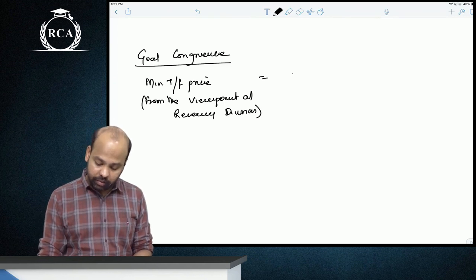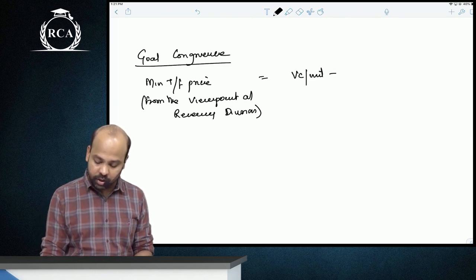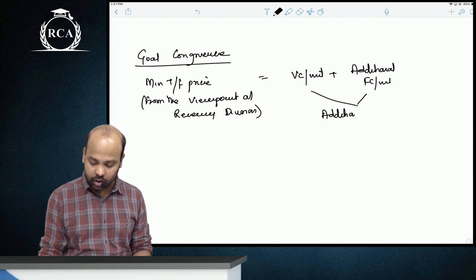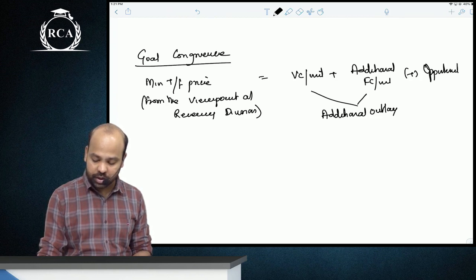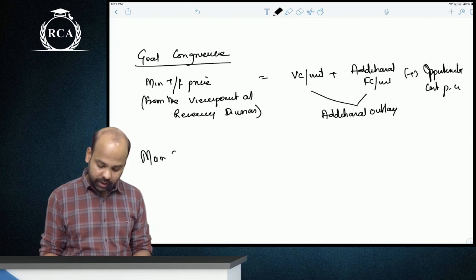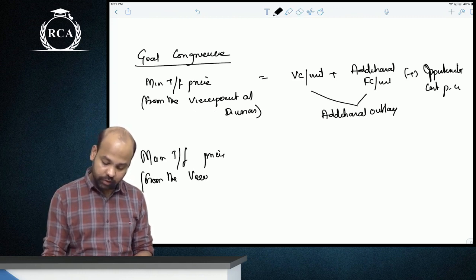So the minimum transfer price will be the variable cost per unit, plus any additional fixed cost per unit. This will be the additional outlay per unit, plus any opportunity cost per unit. Correct? Yes sir. The maximum transfer price, this is from the viewpoint of the receiving division, not the transferring division.